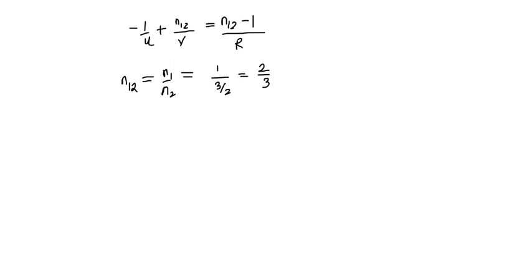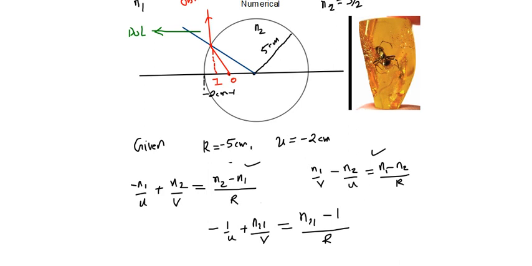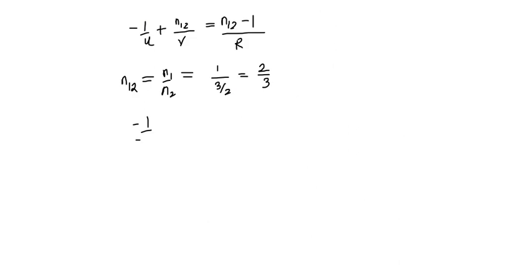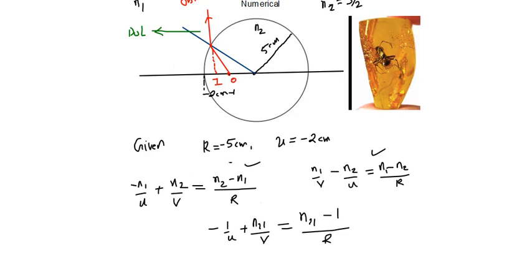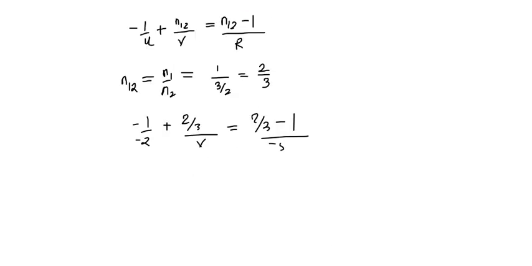So minus 1 by u. u is how much? Minus 2. So it should be minus 1 by minus 2 plus 2 by 3v, I need to find v, equals 2 by 3 minus 1 by r. r will be how much again? r is minus 5. Although in the derivation you have used this sign convention, here also you have to use the sign convention during maths.